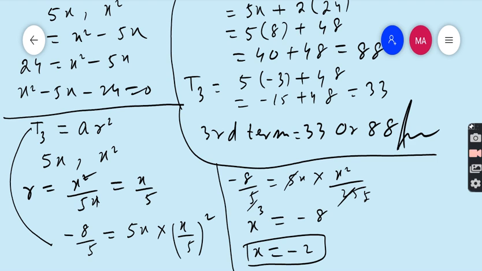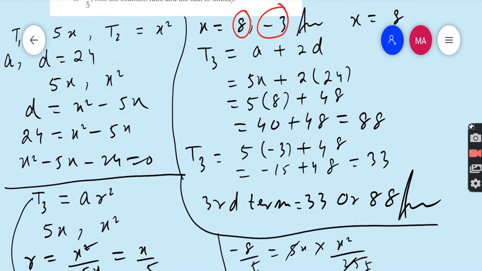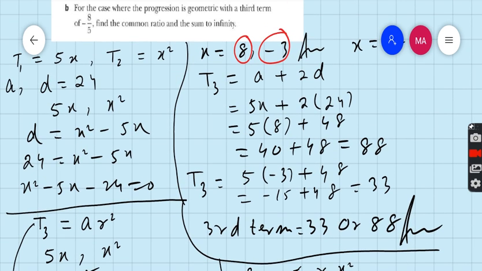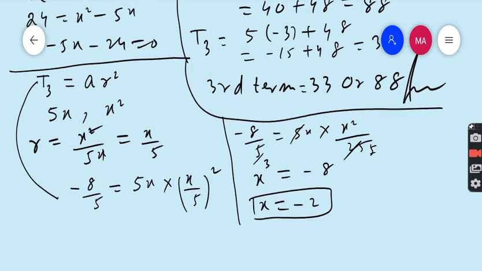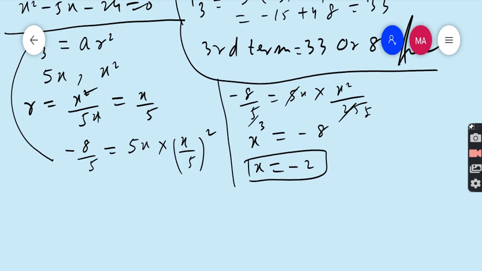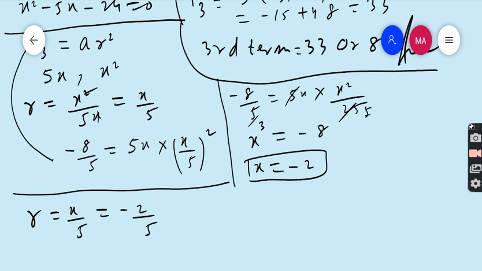Now come to the question. Find the common ratio and sum to infinity. The common ratio is x upon 5. X is minus 2, so it is minus 2 upon 5.